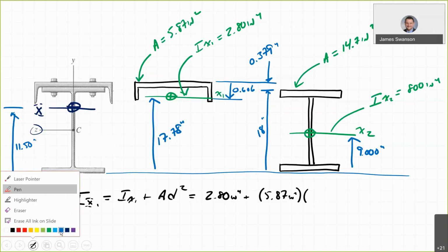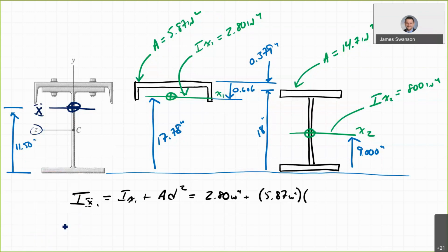So when I calculate that distance, it's going to be this distance here. This is going to be the distance D1, and this is going to be the distance D2.